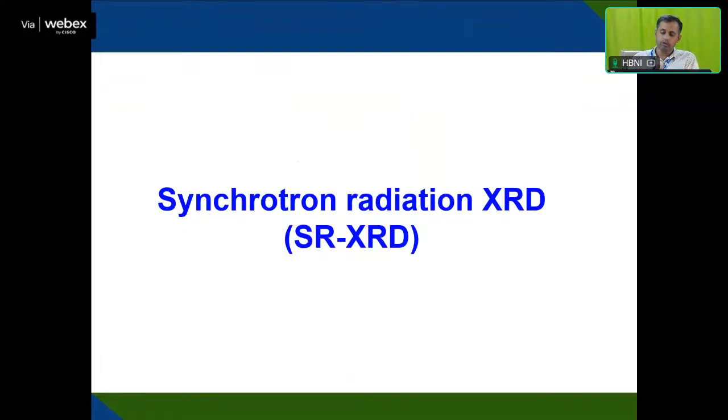So far what I discussed is that the X-ray source is a conventional X-ray source, mostly using a tungsten filament. Because of thermionic emission, electrons are generated, and those electrons fall on the copper target or molybdenum target.